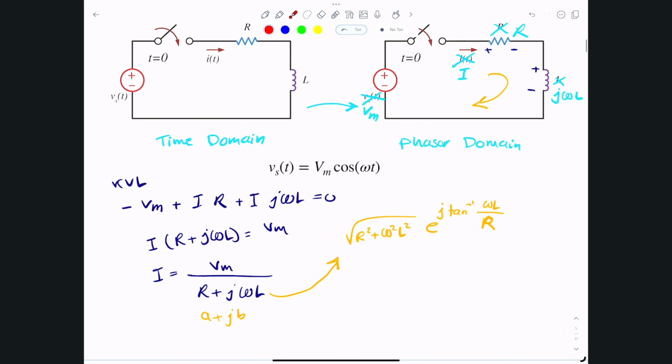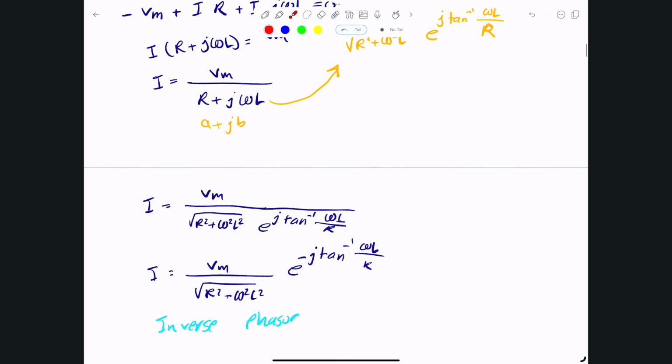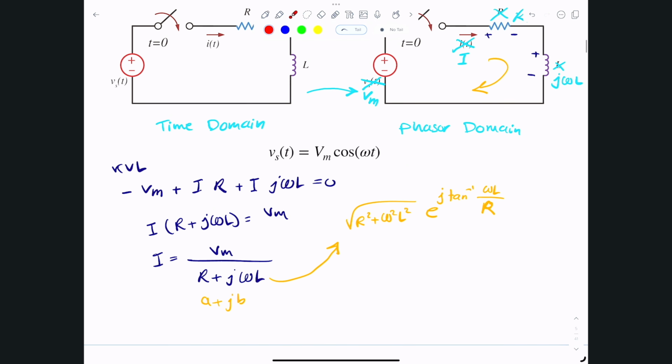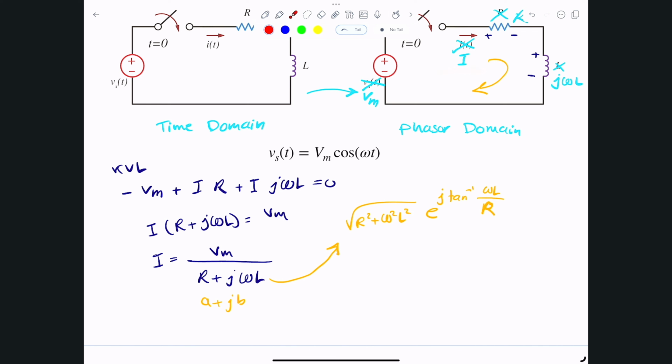We started with the time domain, and then we went to a different domain, which we called the phasor domain, and we dealt with these elements the way we did. We wrote a KVL equation and ended up with the current in the phasor domain. Now I'll go back to the time domain, what we call an inverse phasor transform.